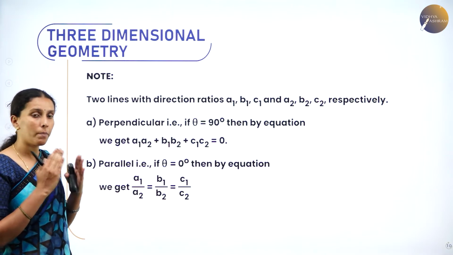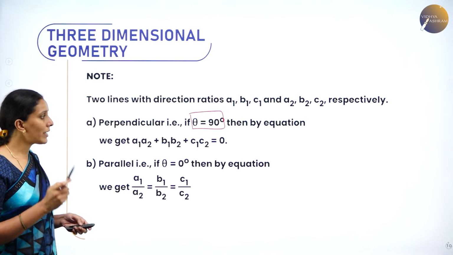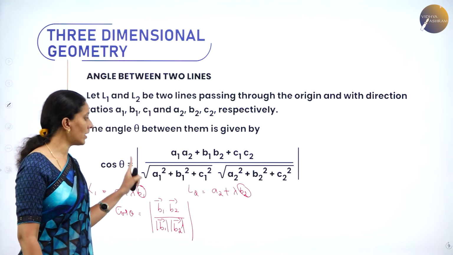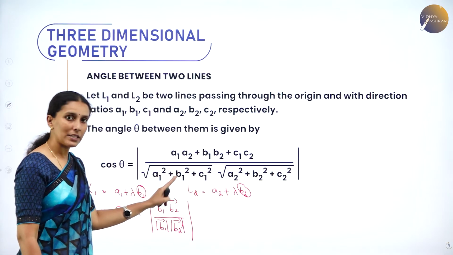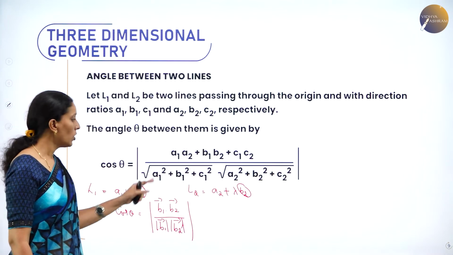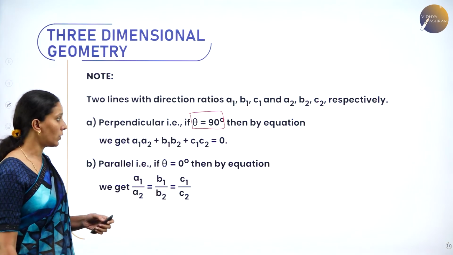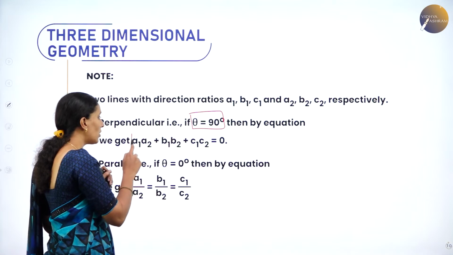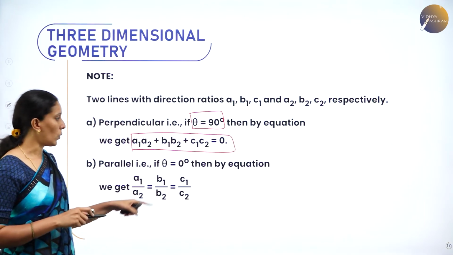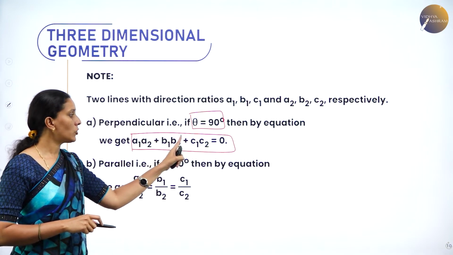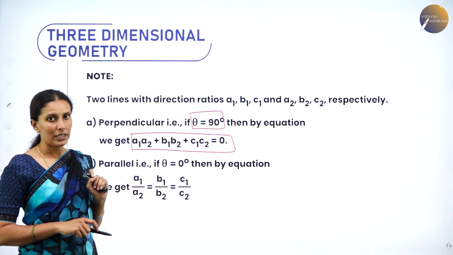We know that if two lines are perpendicular, their angle must be 90 degrees. Then by this equation, if cos 90 is 0, the denominator can be sent to the LHS, which becomes 0. So, we will get a1 a2 plus b1 b2 plus c1 c2 equal to 0. That means if the dot product of the two vectors or the two lines is 0, that is a1 a2 plus b1 b2 plus c1 c2 is 0, then the two lines are perpendicular to each other.